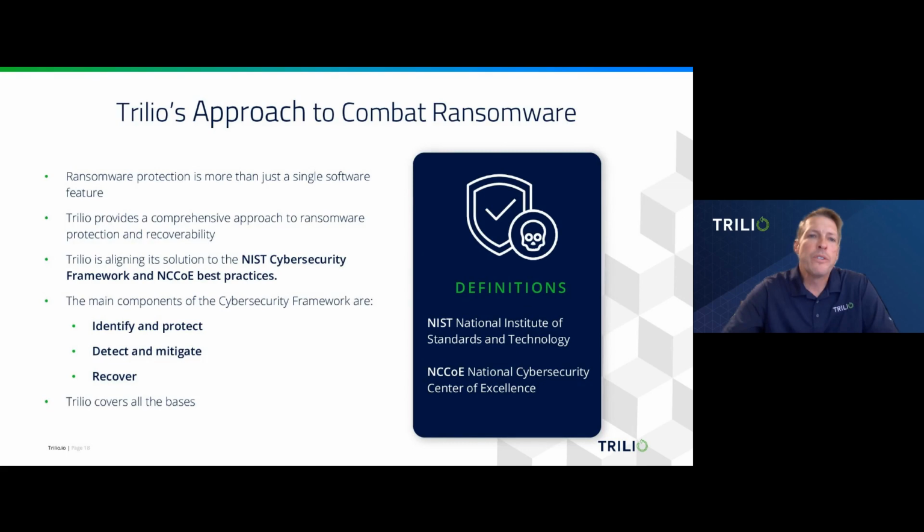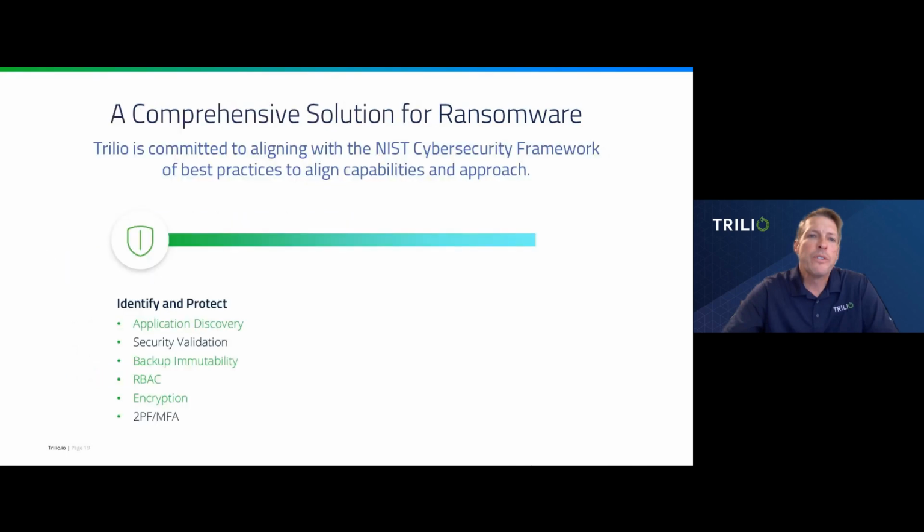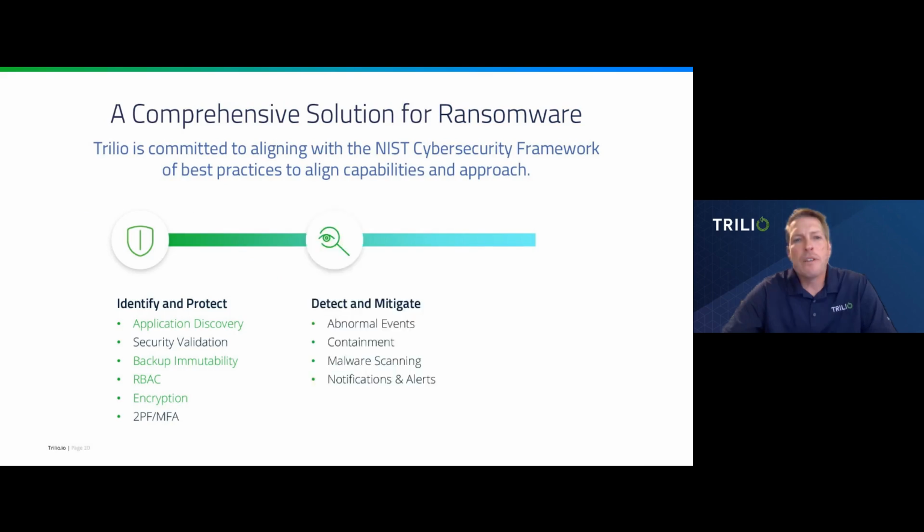We follow the NIST cybersecurity framework, and NIST has basically set out 3 pillars that they say all organizations should be looking at to protect applications. Trilio can help in the areas highlighted in green here. On the identify and protect side, Trilio can help you with application discovery. We have a nice management console that I'm going to be doing a live demo on later in the presentation, where we can show you what's been deployed in your Kubernetes clusters.